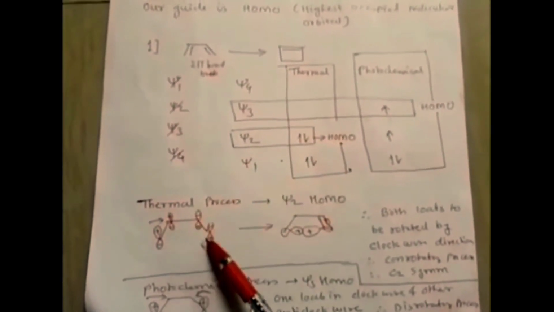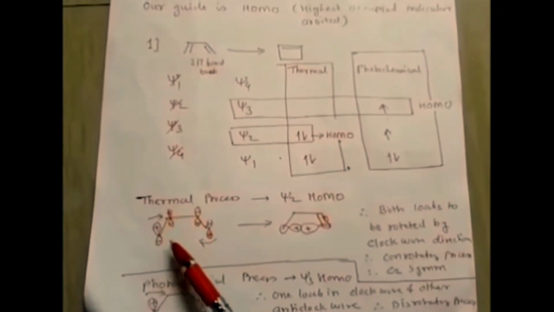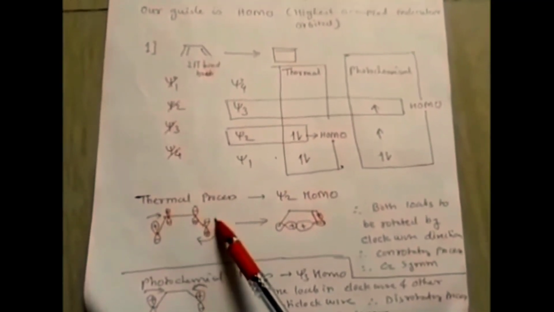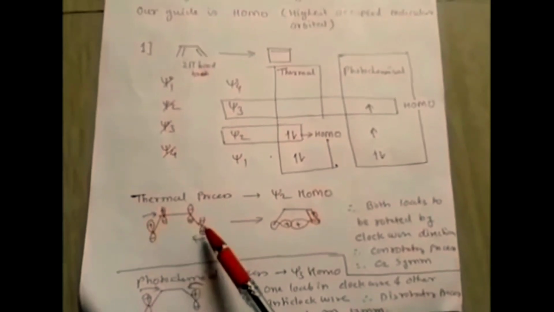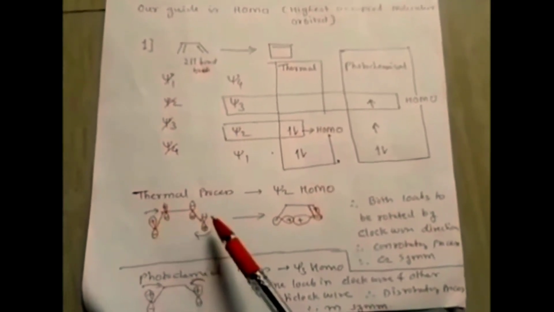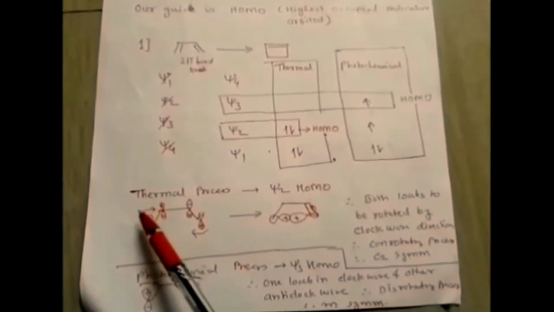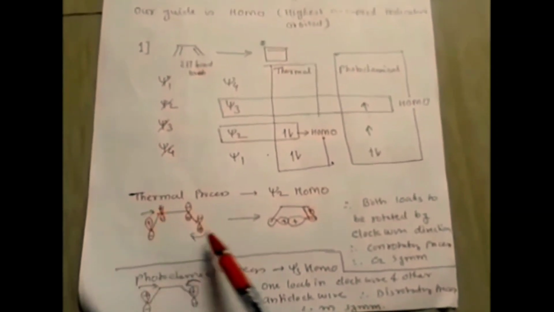Now, if this conversion is a thermal process, then Psi2 is HOMO. As you know, according to symmetry, this is the structure of the Psi2 orbital. We have to give one node: positive, positive, one node, then negative, negative. Now to match these positive signs, what do I have to do? Rotate this orbital in this direction and this orbital in this direction.